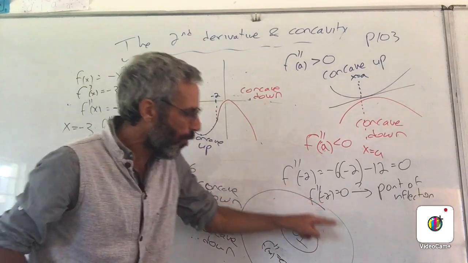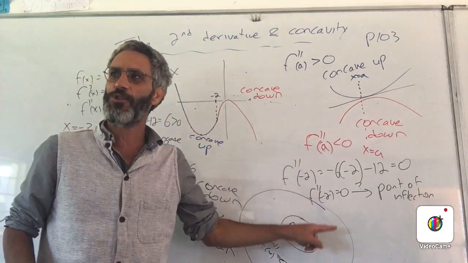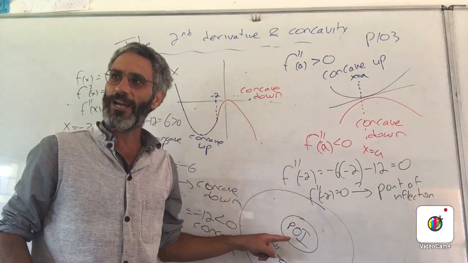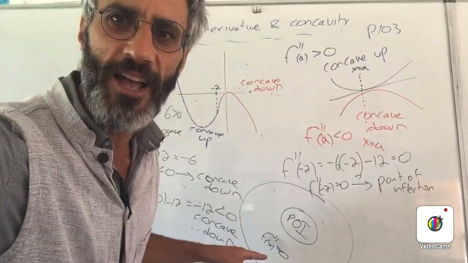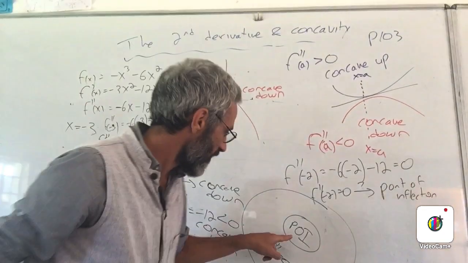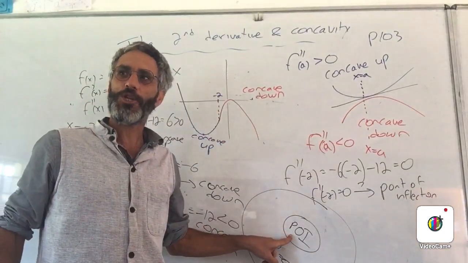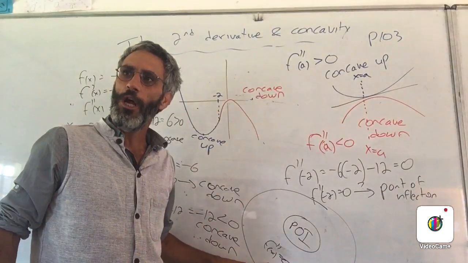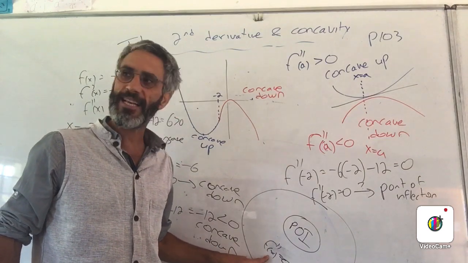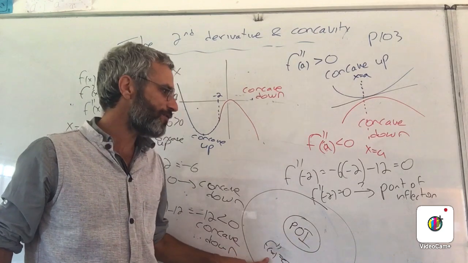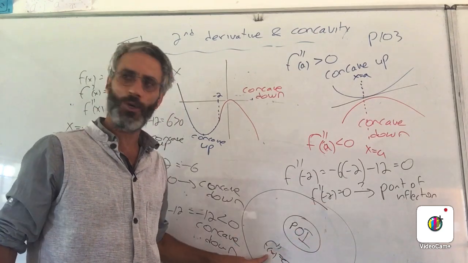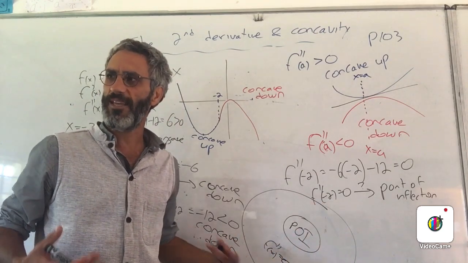That's all the places that have a second derivative of 0. What does this diagram tell you? Make sure everyone can see it. Okay, all the points of inflection have a second derivative of 0. But there are places where the second derivative is 0 that are not points of inflection. So it's not enough just to show that the second derivative is 0. We need to do something extra.